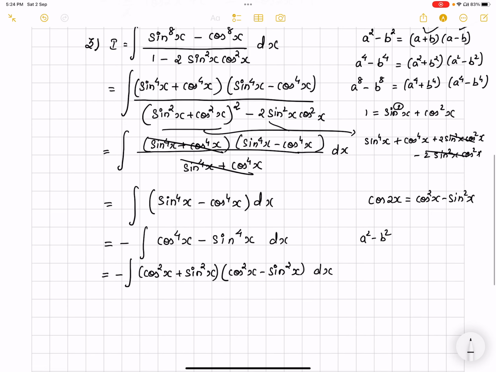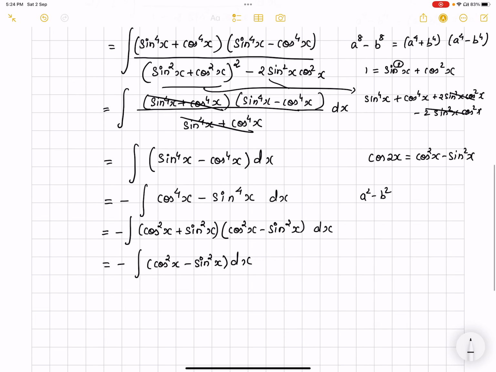Now, what is sine square x plus cos square x, or cos square x plus sine square x? Which is 1. We have cos square x minus sine square x dx. Done. So now this part is equal to cos 2x.